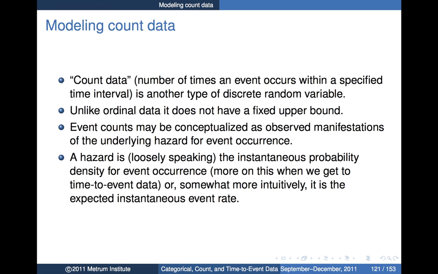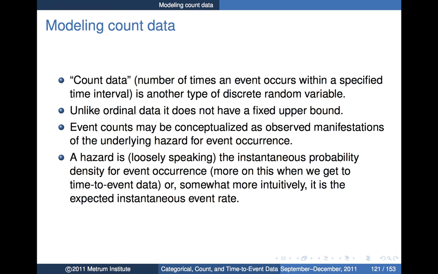But unlike things like ordinal data, it does not have a fixed upper bound. Actually, I should contrast it also with binomial data. In either case, those things do have upper bounds, whereas in count data, theoretically, there is no upper bound to the number of occurrences within a given time interval.